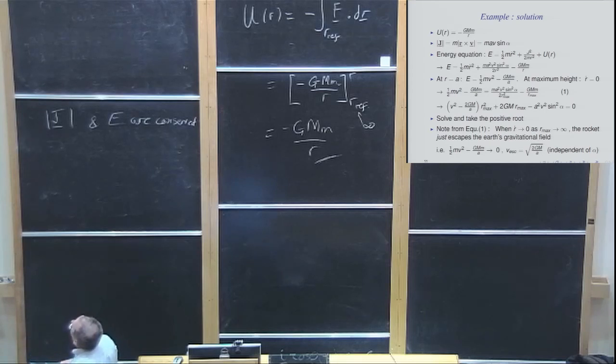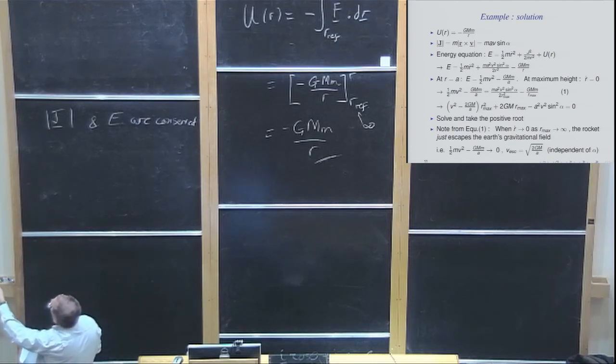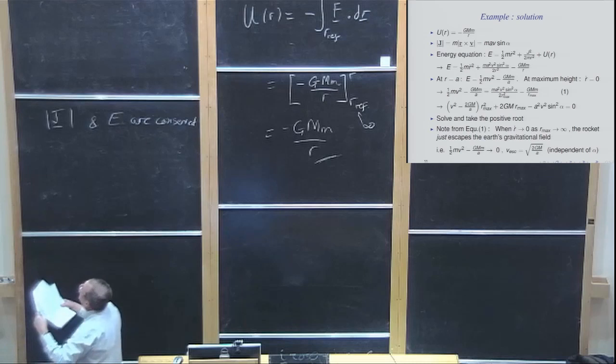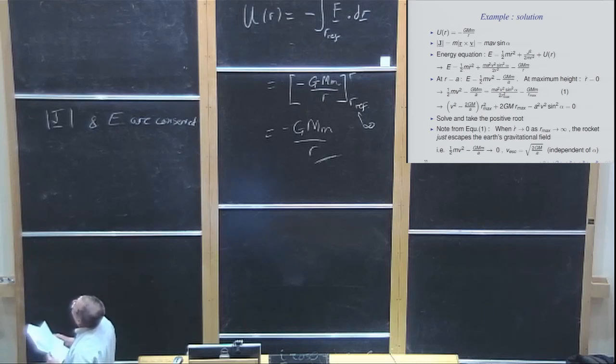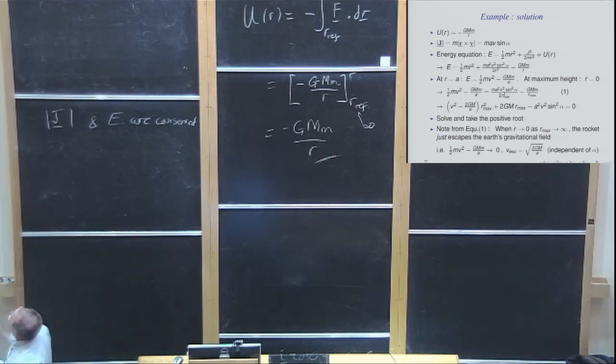So let us evaluate J at launch. It's just going to be given by r cross p. So that gives us m a v sine alpha, because alpha was this defined angle between the direction of launch and the radial vector.